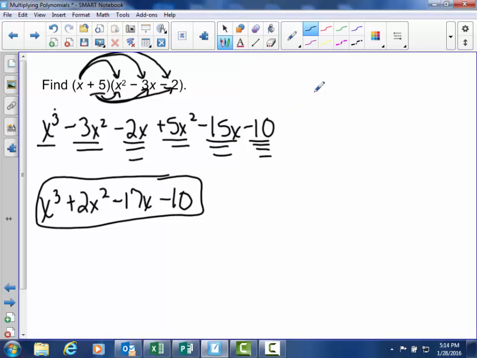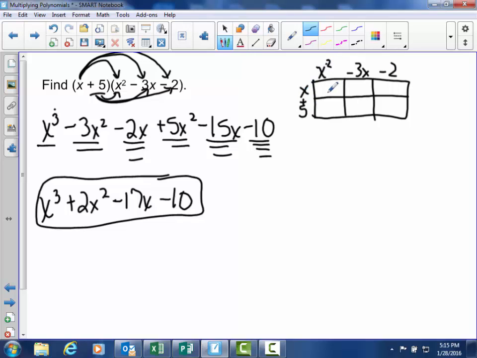If we go with a box, this time we're going to have 2 by 3. So we have a box set up like that, and we'll have x squared minus 3x minus 2, and we have x plus 5.